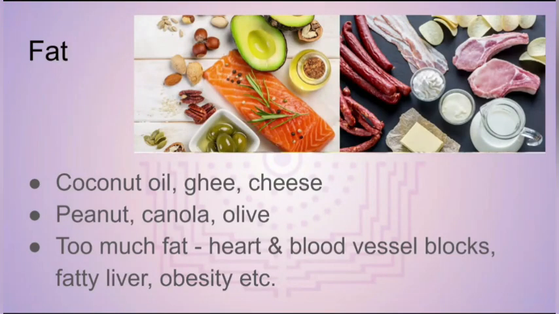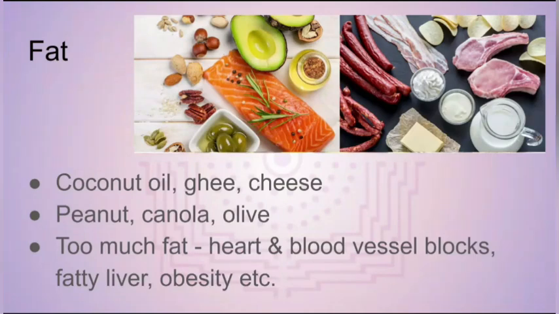So saturated fats are the ones which are present as solids in room temperature, and unsaturated fats are present in liquid state in room temperature. Examples of unsaturated fat are peanut oil, canola oil, and olive oil, and other sorts of oil like sesame oil and the cooking oil which you use. Even palm oil is considered an unsaturated fat.